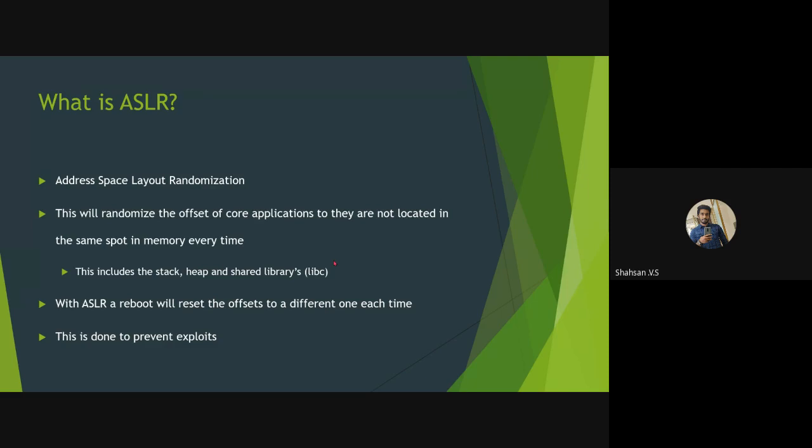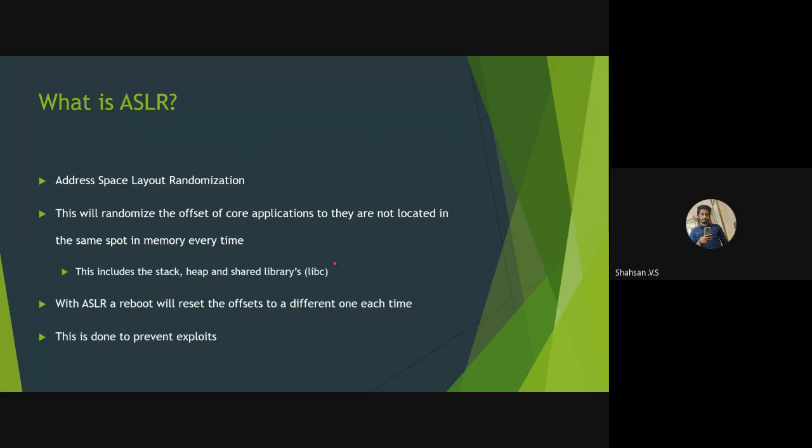ASLR will randomize the offset of core applications so they are not located in the same spot in memory every time. For example, the stack, the heap, the shared libraries, libc, etc. are some of the very famous memory areas where the hacker can access. If their address is not known, they can't reach there easily.